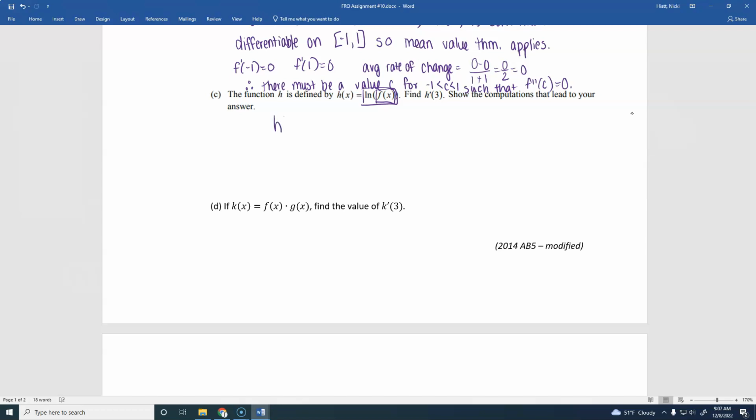So h prime of x is going to be 1 over the inside part, which is f of x. But this is a chain rule, so we've got to multiply that by the derivative of the inside, which is f prime of x. So you end up with f prime of x over f of x.